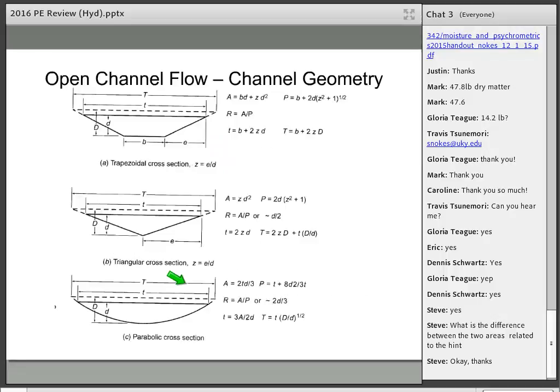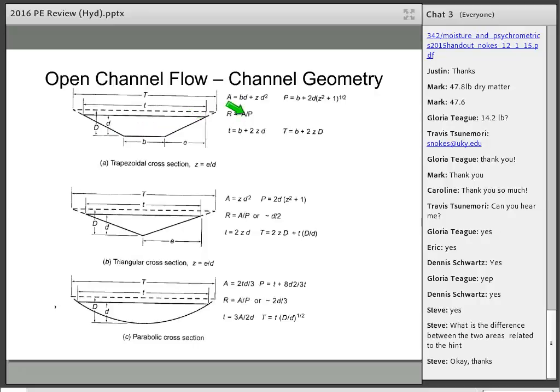Okay, let's see how this thing would work. It's going to depend on the channel geometry, because hydraulic radius is defined as the area of the flow, whatever that is, divided by the wetted perimeter of the flow, which for open channel flow is from this edge along the channel all the way up.